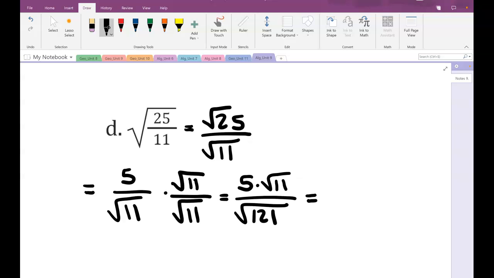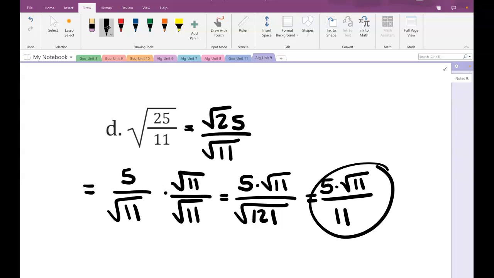We made a perfect square in our denominator, so that simplifies to a whole number. On the denominator we have 11, and on our numerator we have 5 times the square root of 11. 5 over 11 we can't reduce at all. There's no number that evenly divides both. So this would be an exact simplified answer.